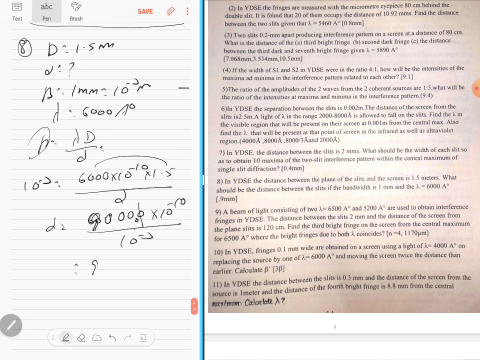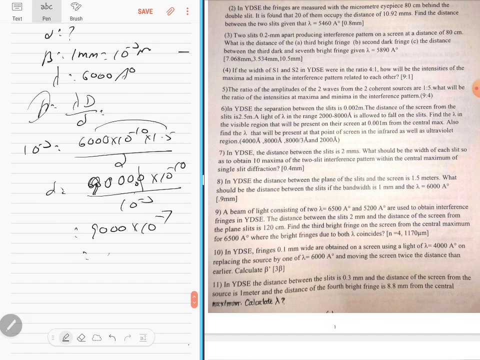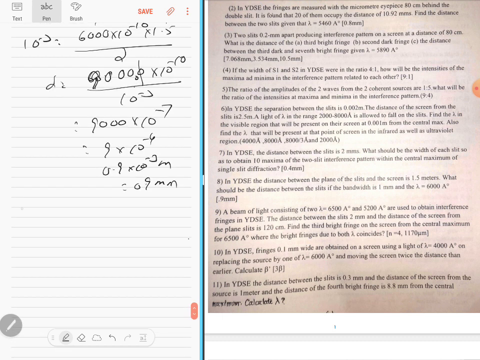Minus 3 goes up, it will become 9000 into 10 to the power minus 7. So take 9 into 10 to the power minus 4, or 0.9 into 10 to the power minus 3 meters, so it becomes 0.9 millimeter. That's the very simple sum.